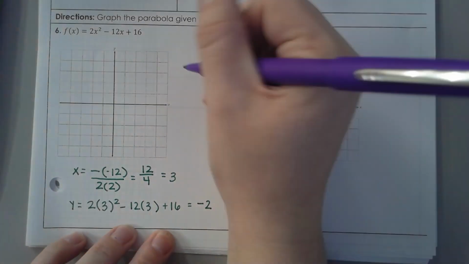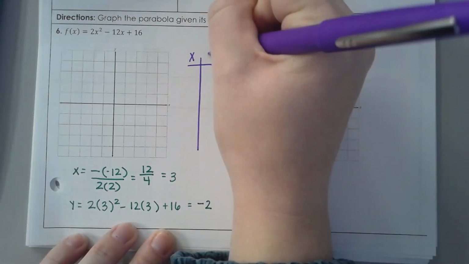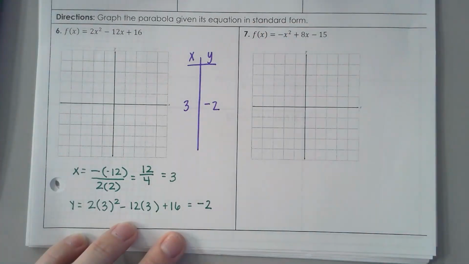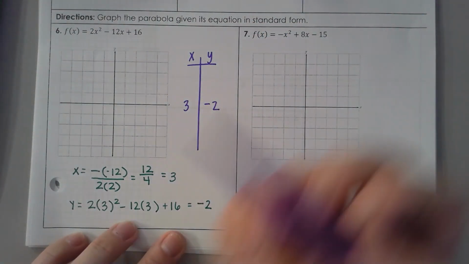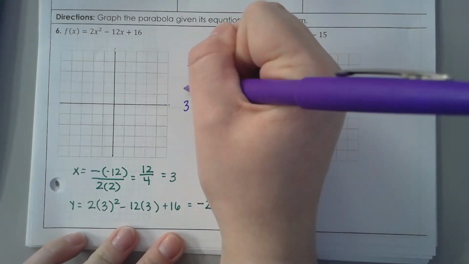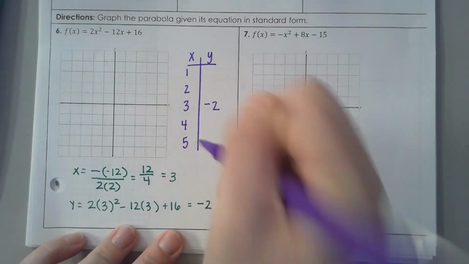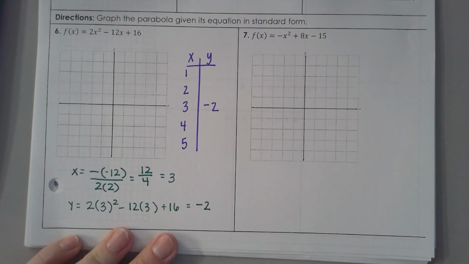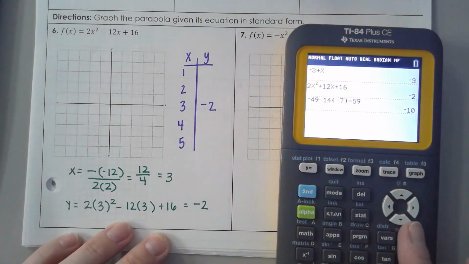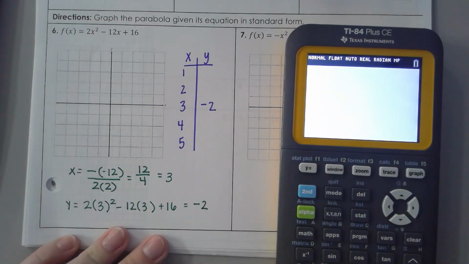So that's going to help us when we graph. We kind of want the vertex to be in the middle. And then we would try to go 2 or more above, 2 or more below, but you kind of want that vertex to be in the middle. So now I'm going to plug in these other x values.